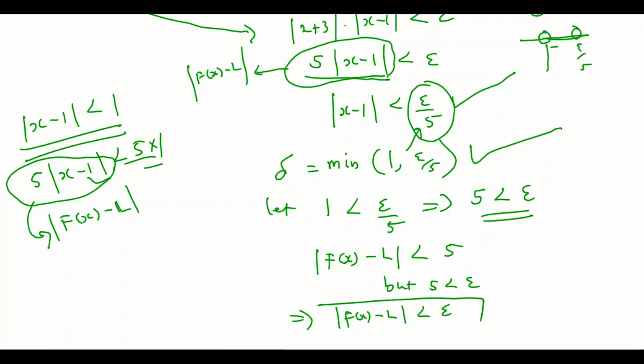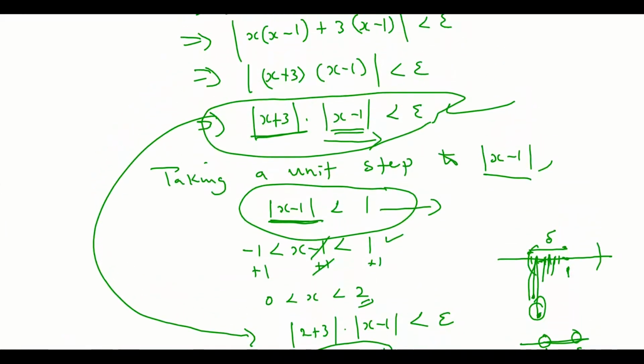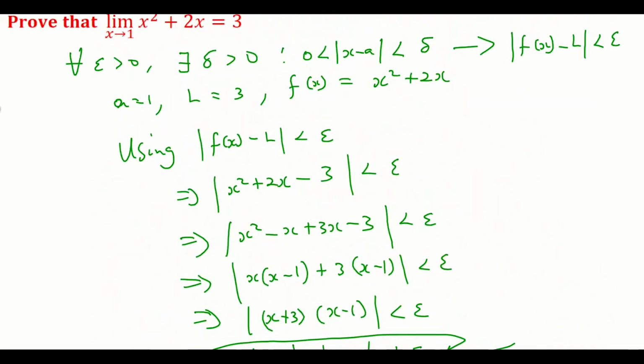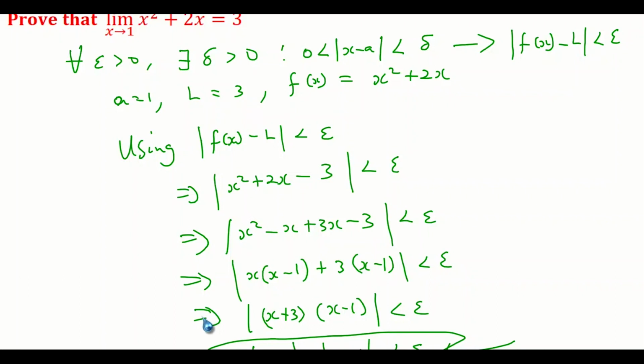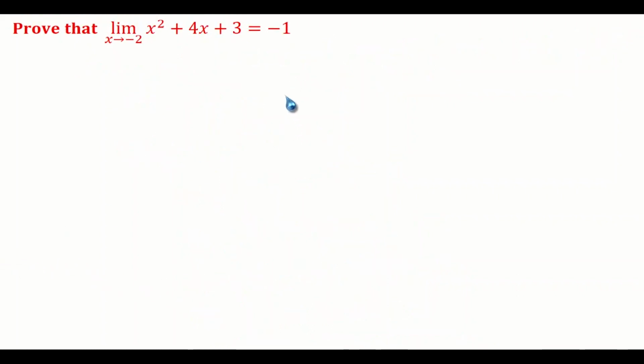So this is the final part of your proof. It has been proven that the limit of the given function is actually 3. So that is what it means. This one is for you to practice. With the same method, you can just do this one.